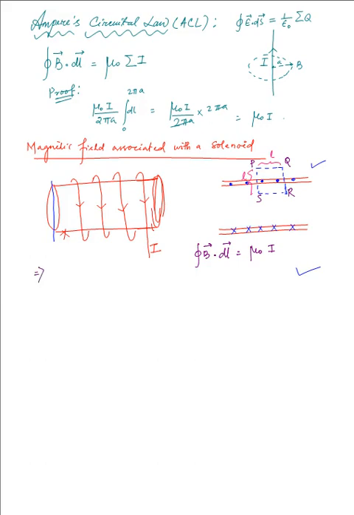So on the left hand side, we take the LHS term, B dot dl.